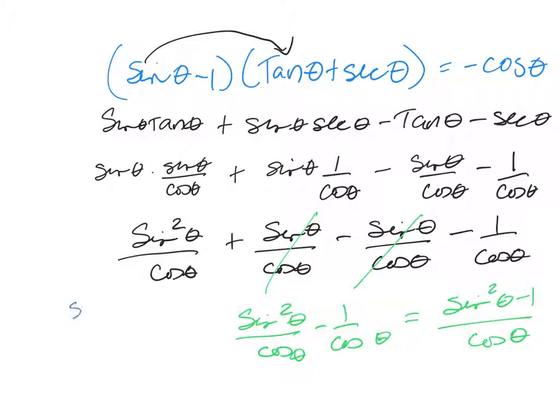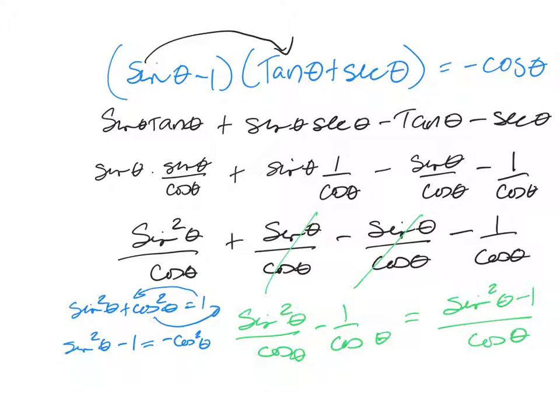If I know that sine squared of theta plus cosine squared of theta equals 1, and I move this 1 over here, I get sine squared of theta minus 1. And if I move this cosine over here, I get equals negative cosine squared of theta. Because I had to move it over the bridge, it has to change signs.